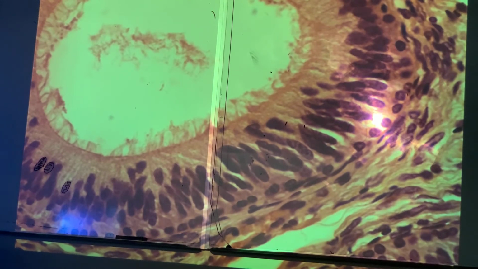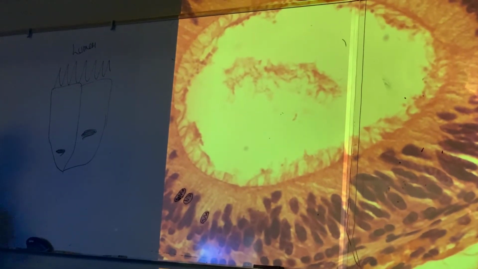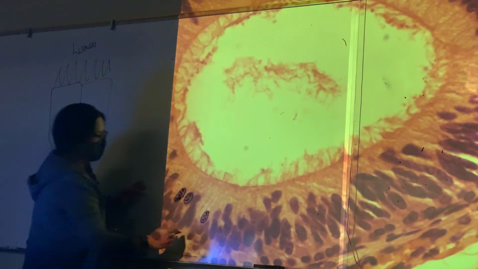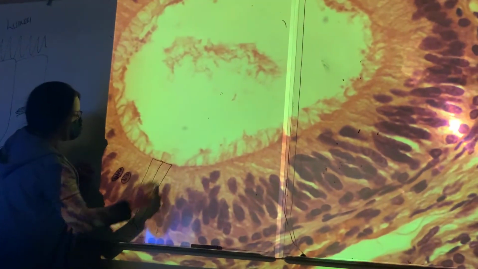They're not perfectly lined up like this, because they don't quite look like that. They're more like that. But it's still a single layer of cells that are columns. So this is pseudostratified columnar epithelium.